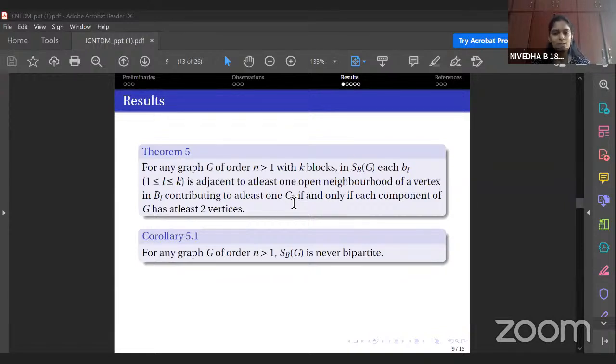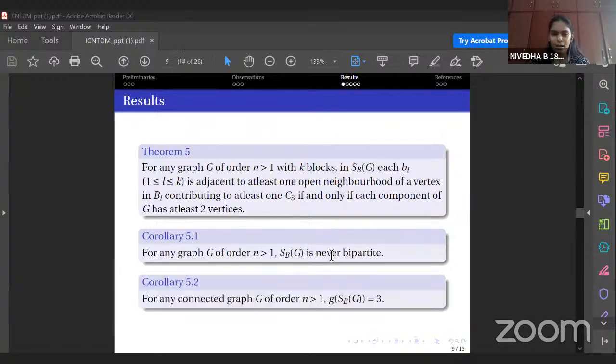So obviously SB of G, when the given graph is of order n greater than 1, is never going to be bipartite. And we know that the smallest cycle of any graph can be 3, and all the SB of G have C3. So the girth of SB of G is equal to 3, where girth is the length of the shortest cycle in a graph. These are the corollaries that we can conclude from this theorem.